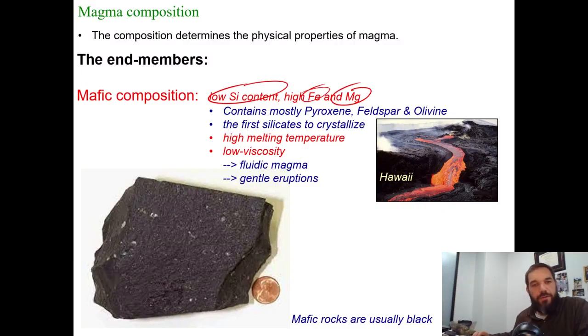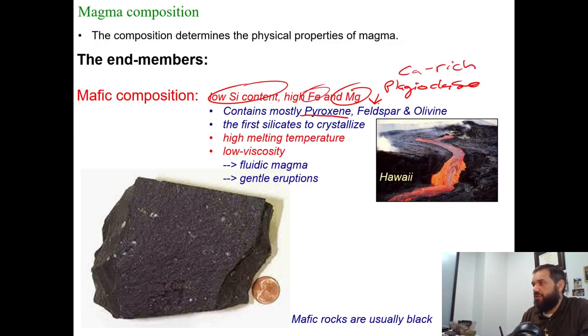What kind of minerals do we normally find inside of a mafic rock? We normally find pyroxene, feldspar, especially plagioclase. In fact, I'll even be more specific, a calcium-rich plagioclase. And finally, olivine. These have very low viscosity. They're more fluidic kind of melts.